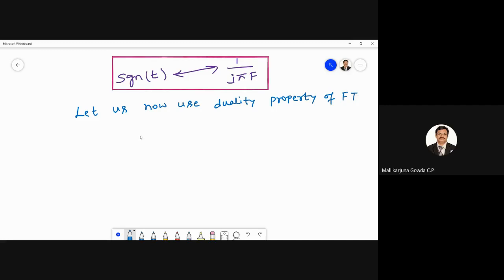So what I wanted to say is the duality property. See, I know x of t, its Fourier transform will be X of f.